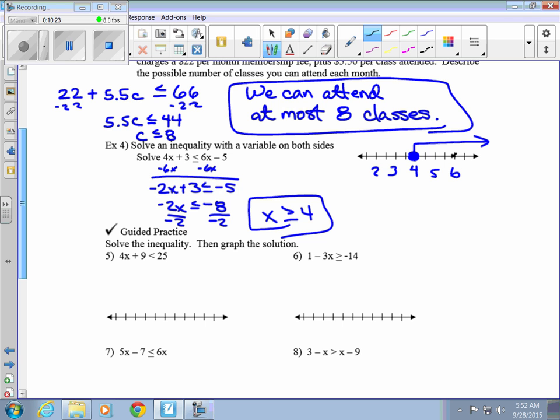Well, that's going to be 24 plus 3 is 27, and 6 times 6 is 36, minus 5 is 31. Is 27 less than or equal to 31? Yeah, it is. It's a true statement. Therefore, 6 is a solution. If we plug a number in on the left side, like 2, we'd find that it is not a true statement, so it would not be a solution.